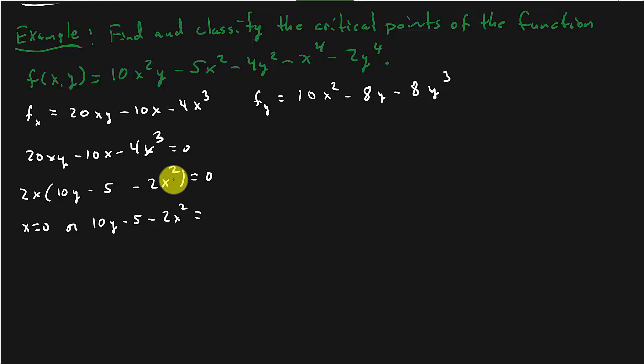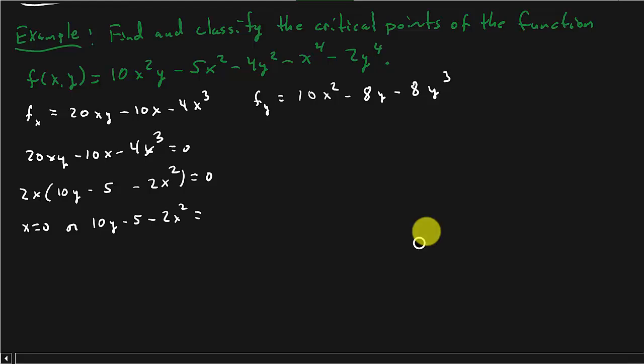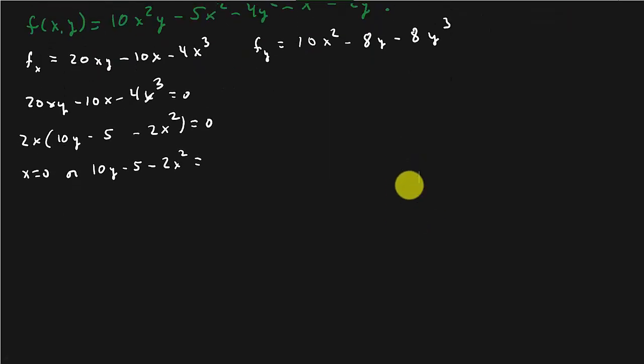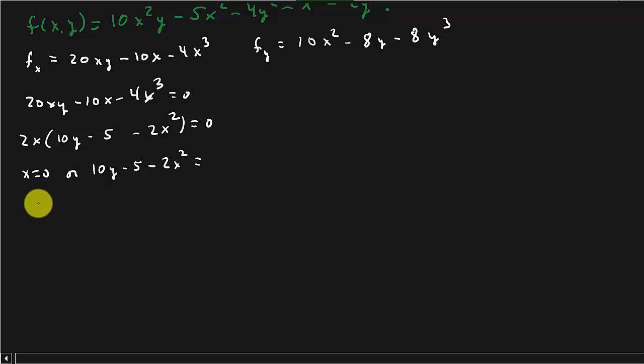All right, let's see what we get here. We will have negative 8y minus 8y cubed equals 0. If we set this equal to 0, when x is 0, if I plug the 0 in for x, I'm just left with this part right here.